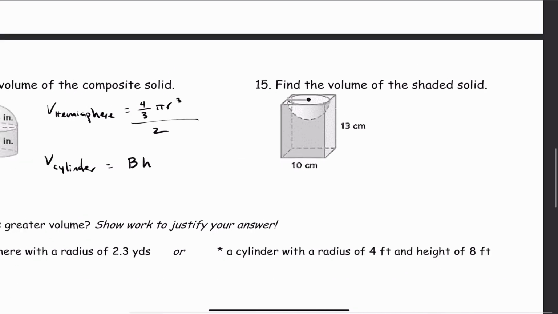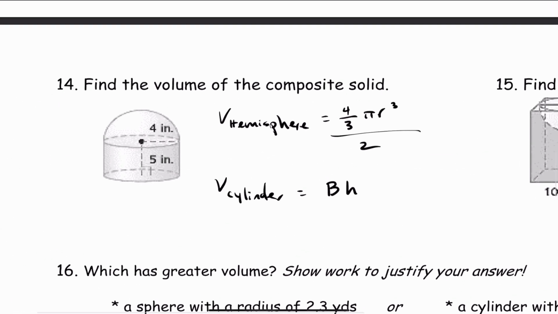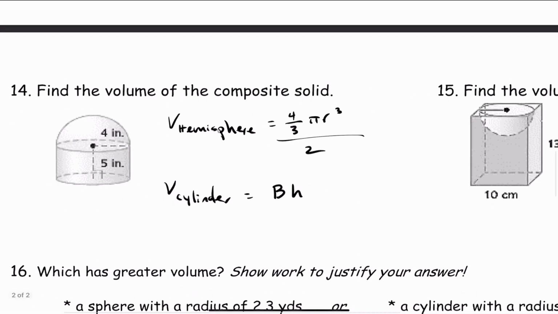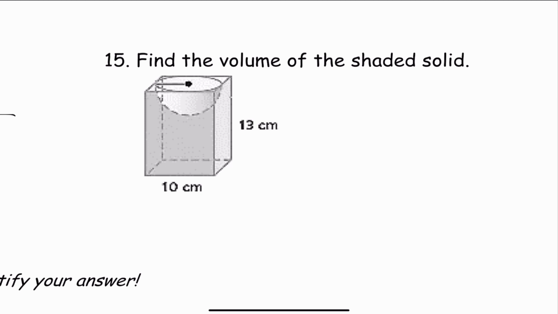So it's basically the same idea as this one right here, but this one is asking you to find the shaded solid. So when you're trying to find the shaded solid, you're going to do the whole solid minus the unshaded solid, just like what we did in unit 11.